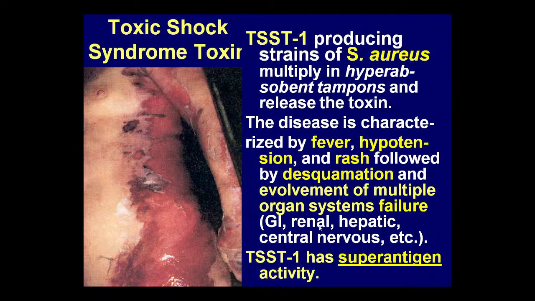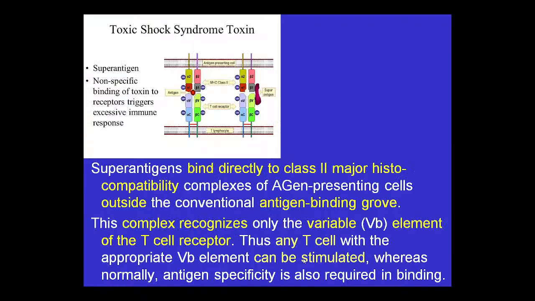Then we may have renal, hepatic failure, and so on. Apart from other activities, the toxin may act as a superantigen. We haven't studied immunology yet, so maybe we need some explanation of it.